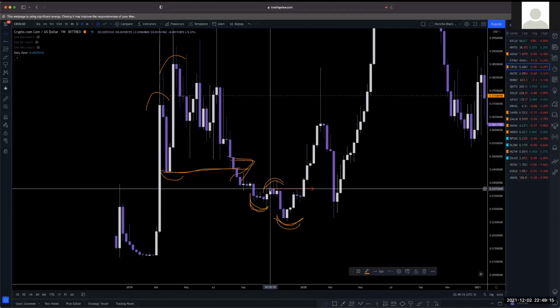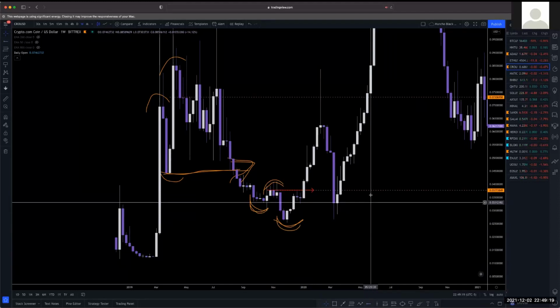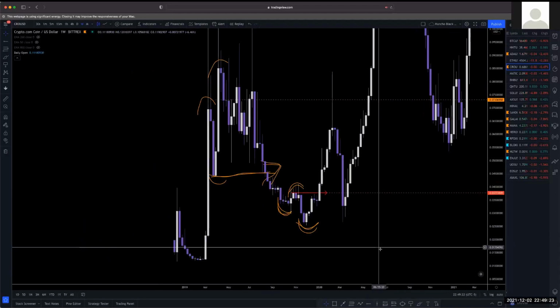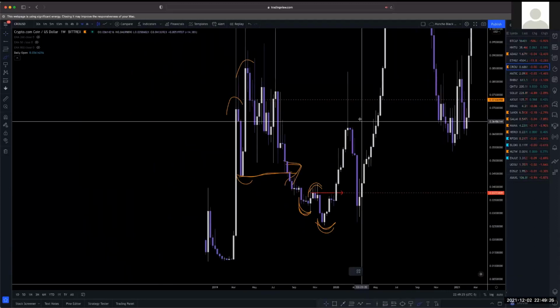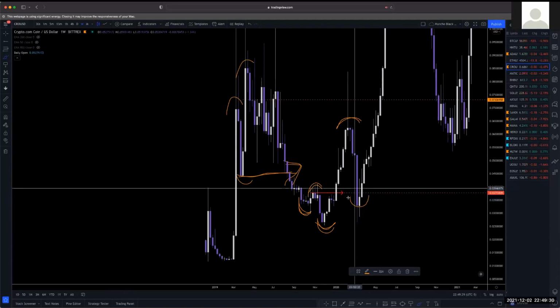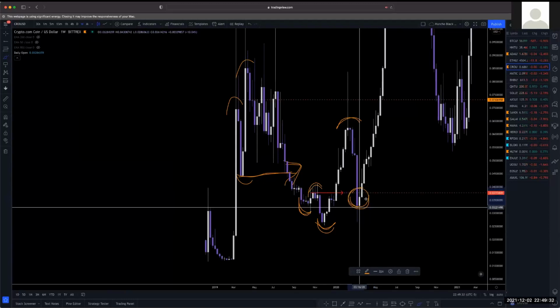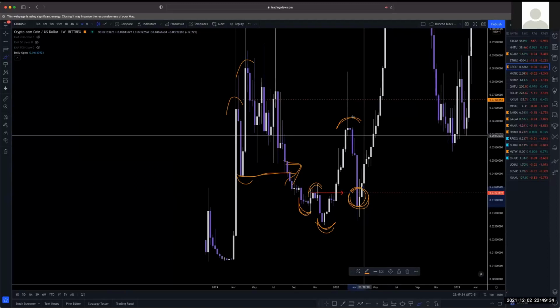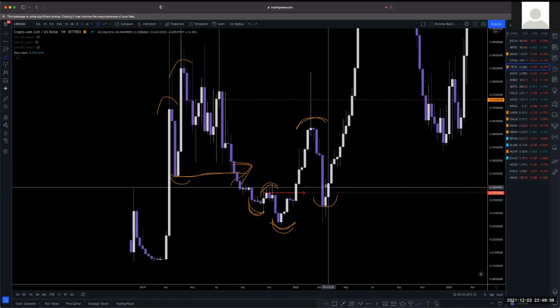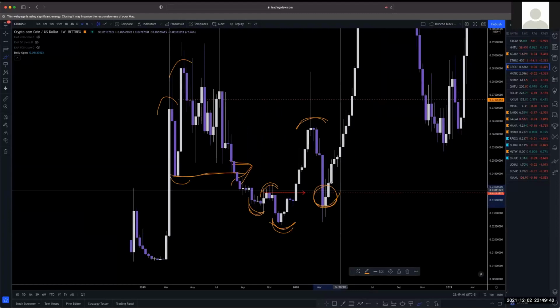So now what are we going to do here? I'm going to put a red support and resistance level representing my daily time frame. Notice that when we created a new higher high and a new higher low, that daily resistance level was tested. That is a form of an entry, a confirmation for your entry.